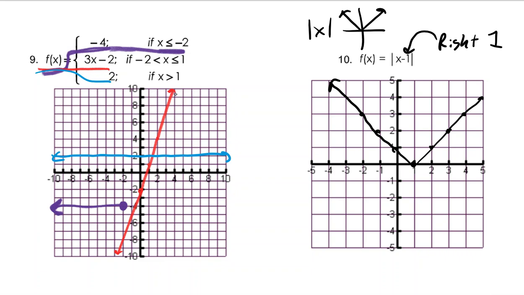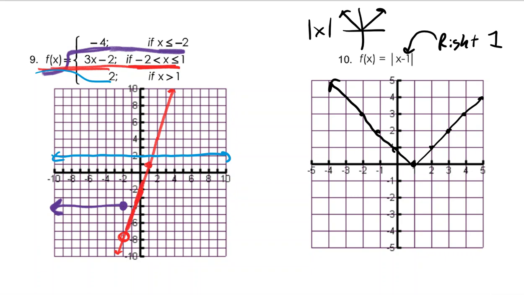Same thing with the 3x minus 2. I have it going forever in both directions, but really it should only exist between -2 and 1. So notice it doesn't include -2, so that should be an open circle. And it should be bigger than that, but smaller than 1. 1 includes it, so 1 should have a filled-in circle.